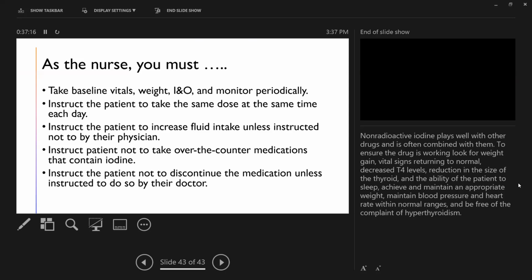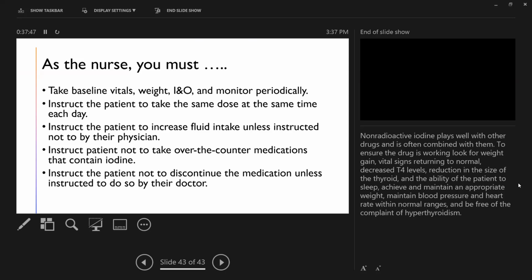So the nurse must monitor baseline vitals and weight, input and output of fluid, monitor those periodically, and instruct the patient to take the dose same time each day, increase their fluid intake unless instructed not to by the physician. Patients with kidney problems will be told not to, but then have them make sure they get the maximum amount of fluid per day.